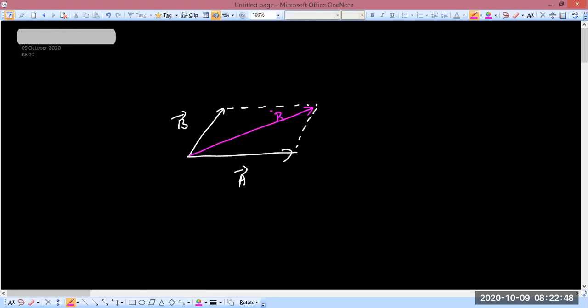Everything becomes easier eventually with practice. Wait, sorry, this is not theta, this is theta. Right, so this is what we have.